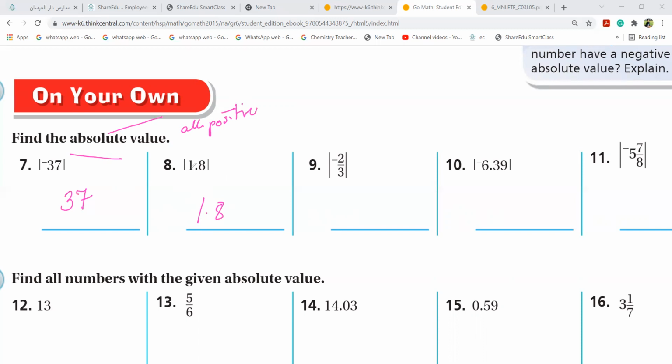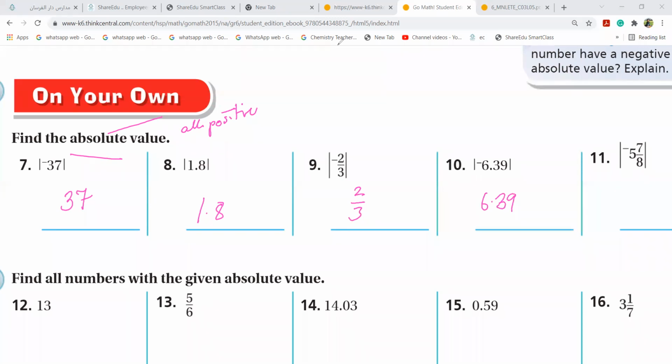You will just remove these absolute value bars and say they are positive, okay? How about -2/3? What should I write, Tina? I said write the same number, but with no negative sign. Positive 2/3. How about question 10, Tina? Make it positive. Khalas. Next.